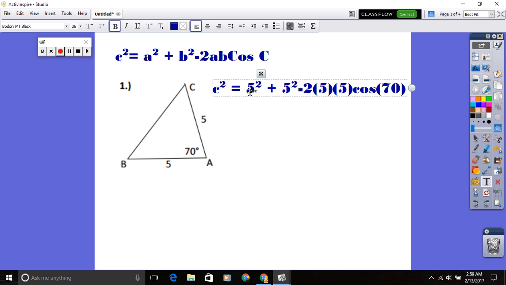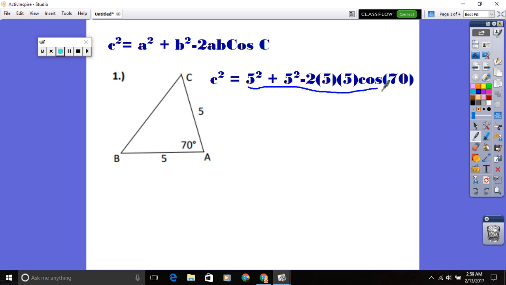And then I'm simply going to type this whole math sentence right here into my calculator. And as I said, make sure your calculator is in degree mode. Okay, so quickly type that in. It's going to be 5 squared plus 5 squared minus 2 times 5 times 5 times the cosine of 70, which gives me 32.